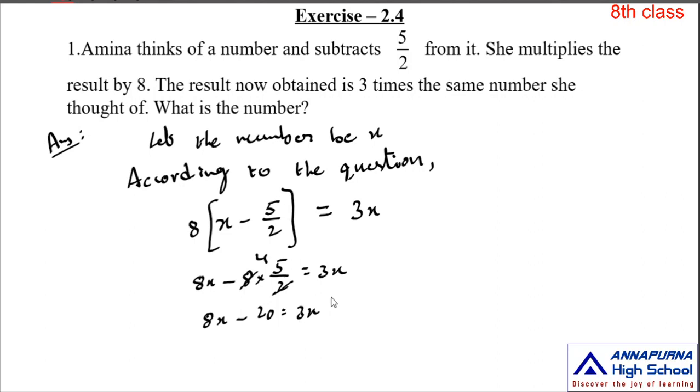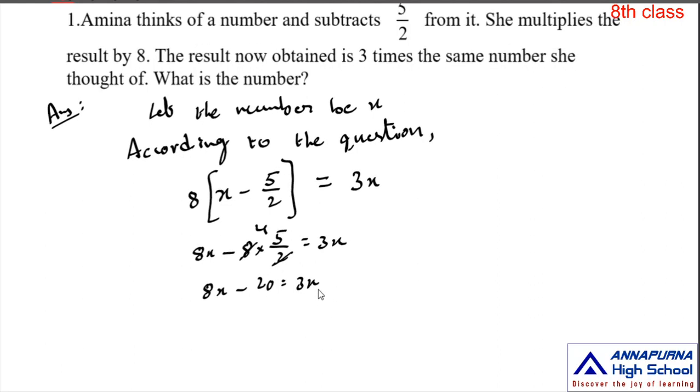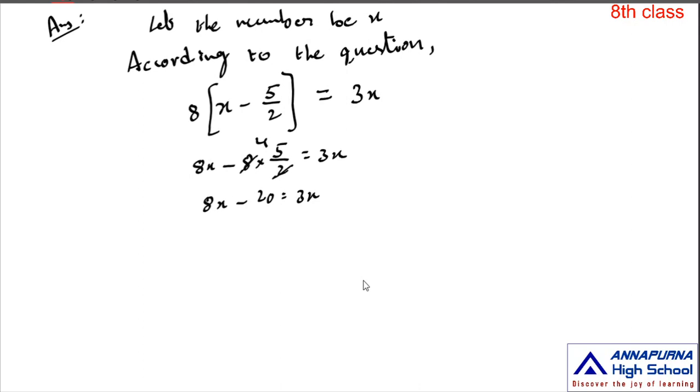Now transpose all variable terms to left side and all constants to right side. So 3x transpose to left side and minus 20 is transpose to right side. Then 3x transposed to left side changes to minus 3x, and minus 20 transposed to right side changes to plus 20. So 8x minus 3x, it is equal to 5x is equal to 20.